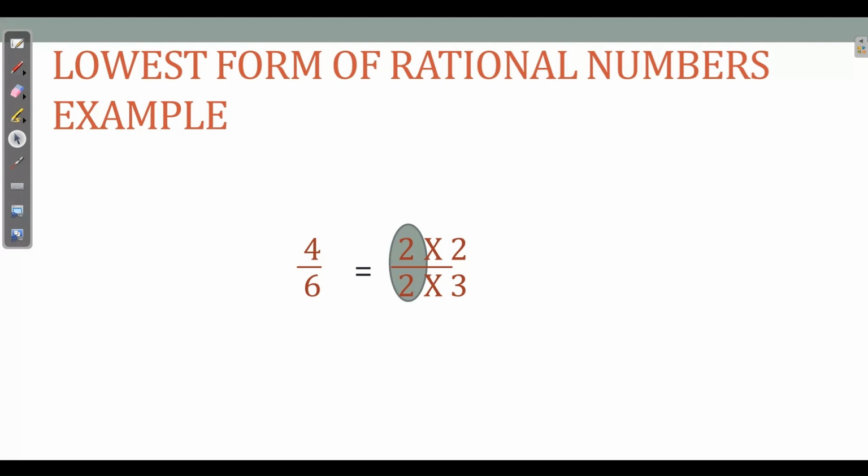How to get the lowest form? We will divide both the numerator and denominator with this common factor, that is 2 here. Then 4 divided by 2 is 2 and 6 divided by 2 is 3. 2 by 3 is the lowest form for 4 by 6. In this way, we can obtain the lowest form of rational numbers.